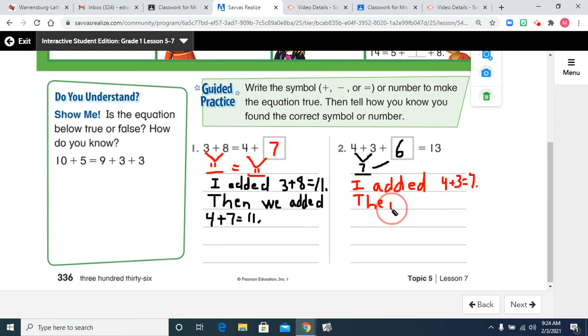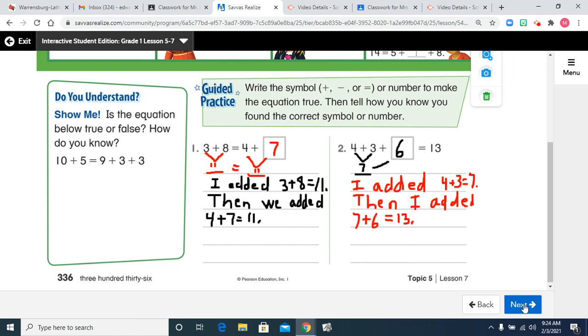Then, I added 7 plus 6, and that equals 13, which was our answer. Okay? All right, so that makes sense, and this one makes sense.